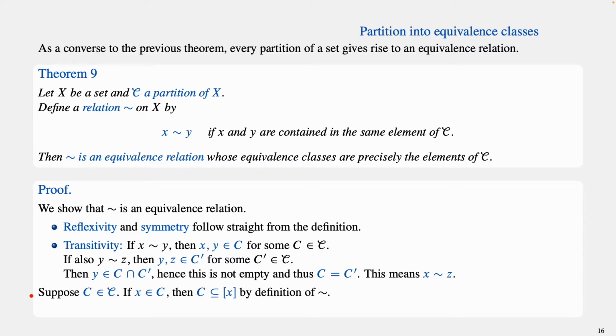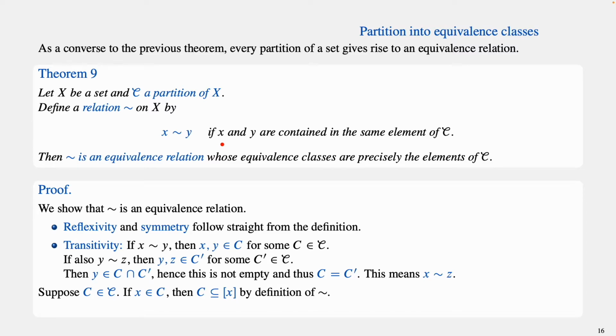And next we show that the sets that make up the partition are the equivalence classes. So suppose C is some element of this partition, some subset of x contained in curly C. If x is an element in C, then C is contained in the equivalence class of x by the definition of our relation.